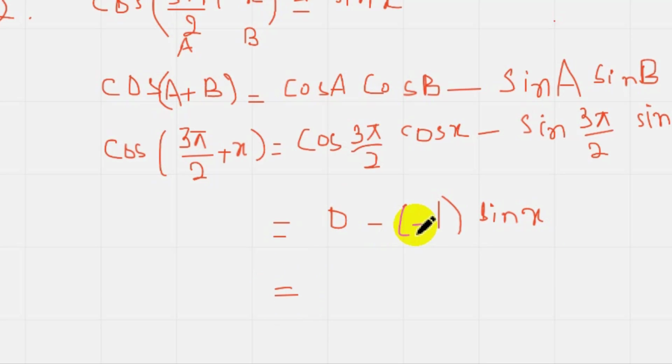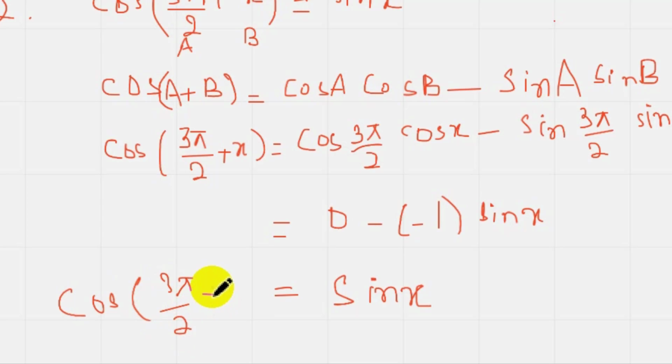So minus times minus 1 is plus 1, and 1 times sine x is sine x. So there you go. Proved. We proved that cos(3 pi over 2 plus x) equals sine x.